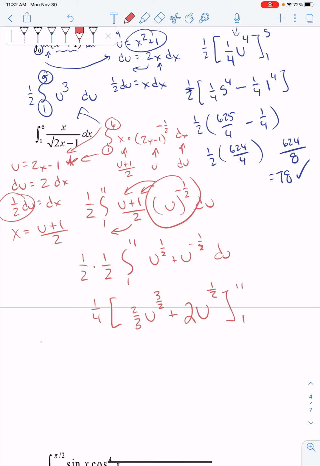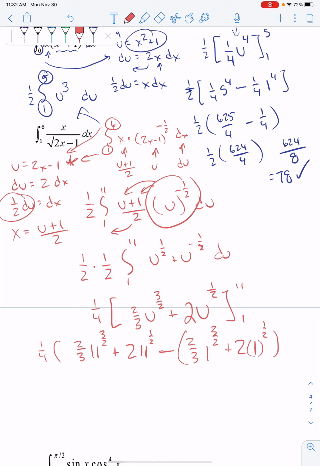So I've got 1/4, and then I'm going to plug in the 11. So 2/3 times 11 to the 3/2 plus 2 times 11 to the half, minus 2/3 times 1 to the 3/2, plus 2 times 1 to the 1/2. I better put the bracket around there.